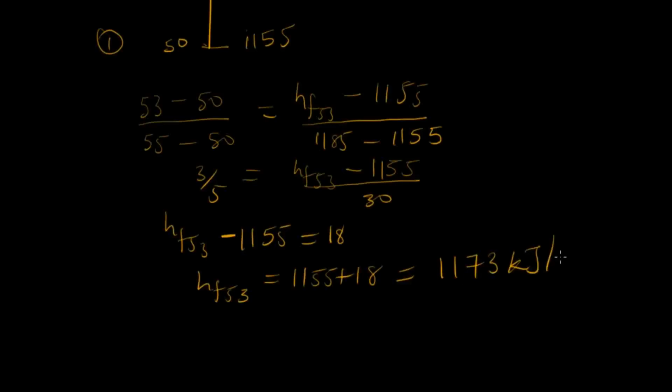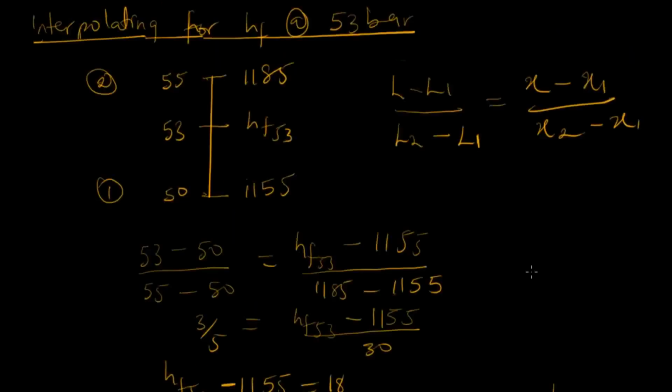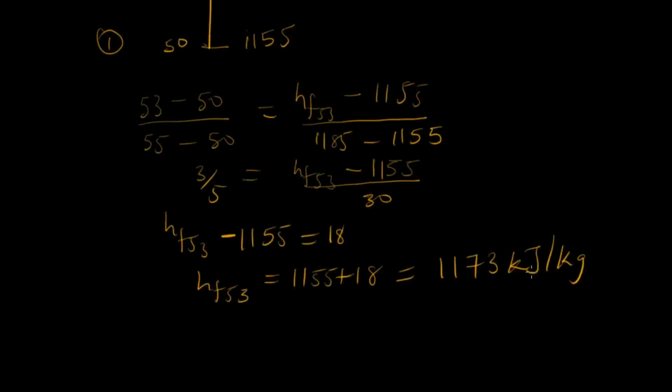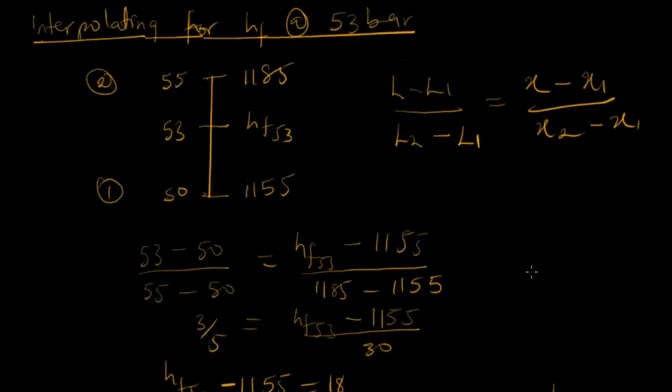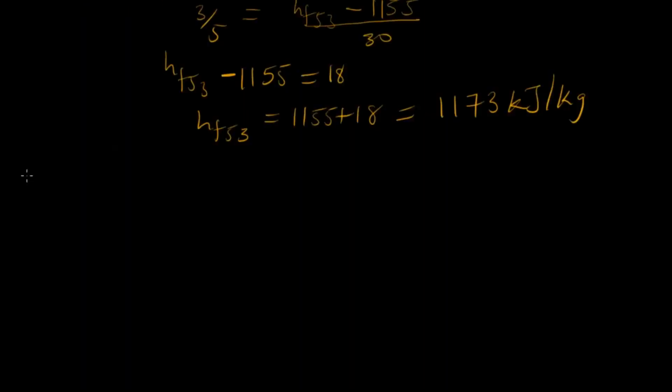To check if your answer is correct, it should be in between the values at 50 and 55. If it's higher than the value at 55, you are wrong. If it's lower than the value at 50, you are wrong. So the highest is 1185, the lowest is 1155, and 1173 is in between. That means it's correct. So we proceed.